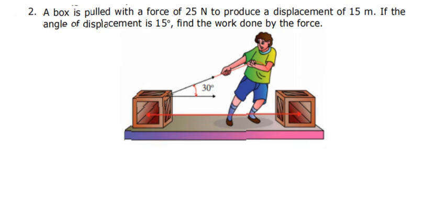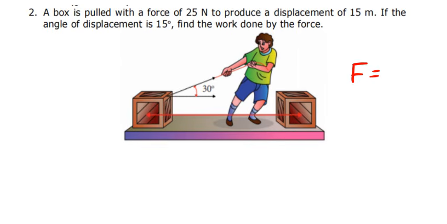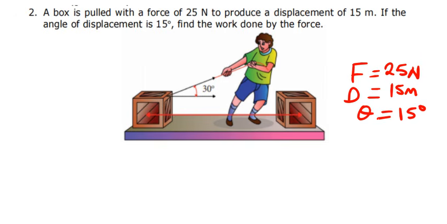What information do we have as the data? We have a force of 25 Newton, a displacement d of 15 meters. What other thing? We have an angle between them. An angle theta we've been given is 15 degrees. So let's find the work done.